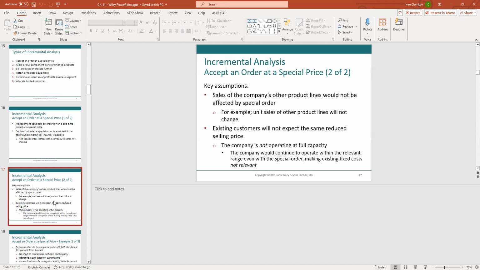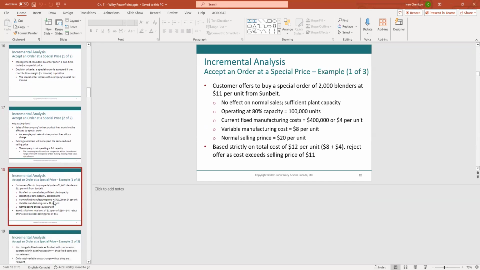Because if I'm operating at full capacity, I won't be willing to sell to that person for $15. Why? Because I'm already selling at 20 and I don't have capacity to make a new one to sell at a lesser price. That's not on the table.